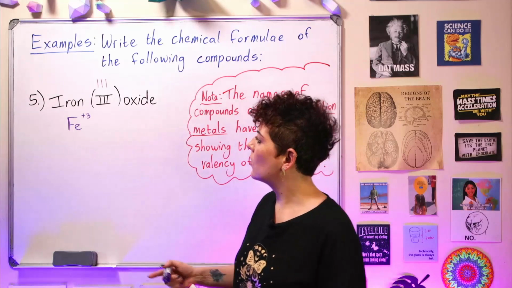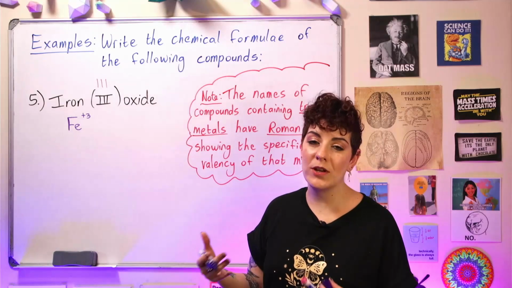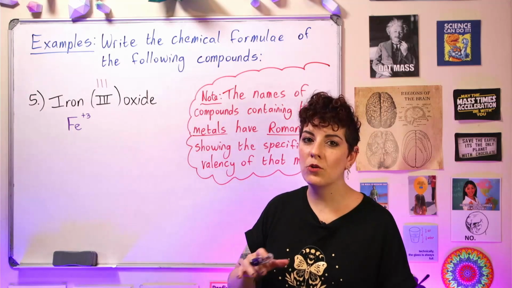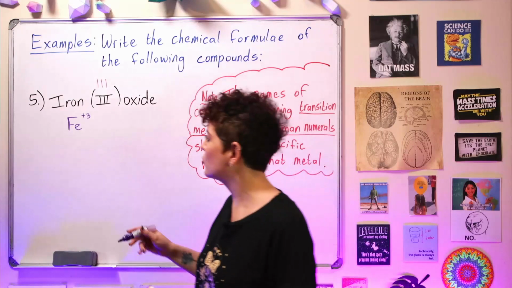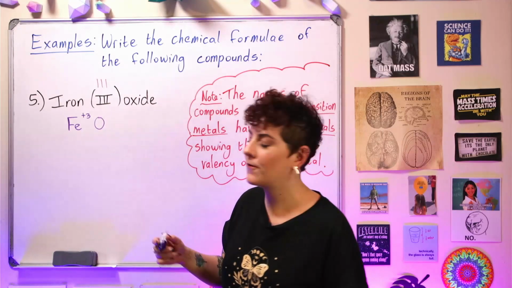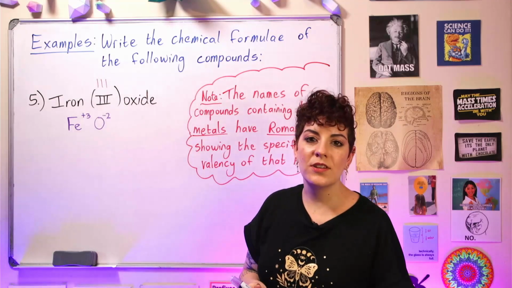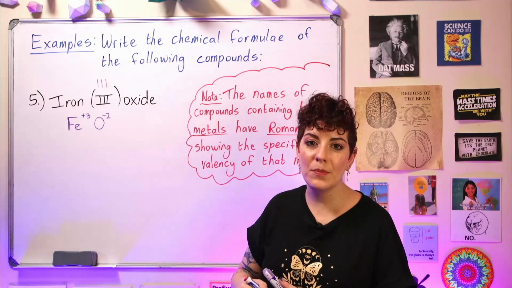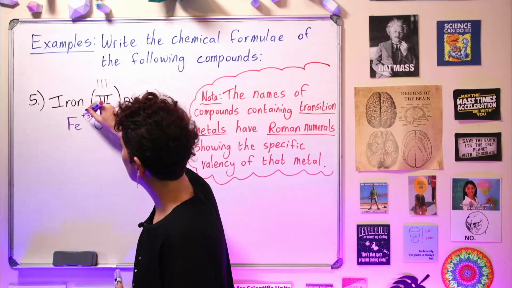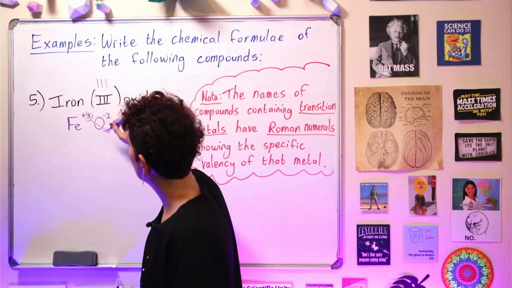So now we know the specific transition metal ion that we are working with, and we know that it comes from the Roman numeral. And oxide, we already know, is an ion of oxygen, and oxygen being in group 6, it has a charge or valency of -2. Okay, so now we cross over the numbers in each charge. We take the 3 in the charge of iron, and we cross it over to the oxygen corner.